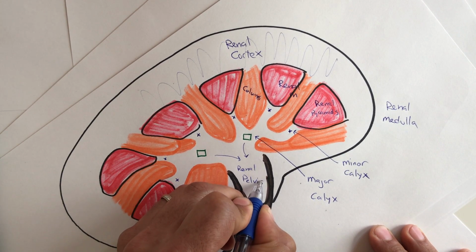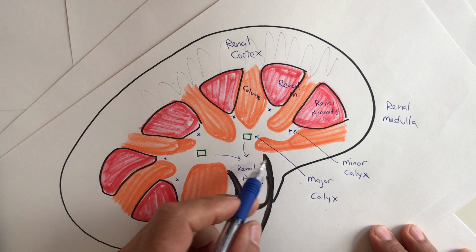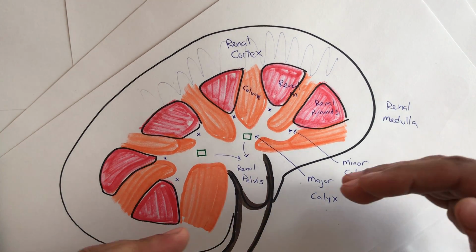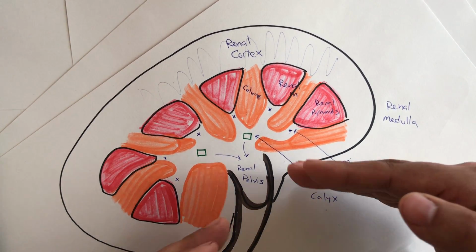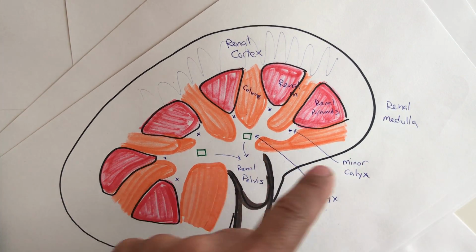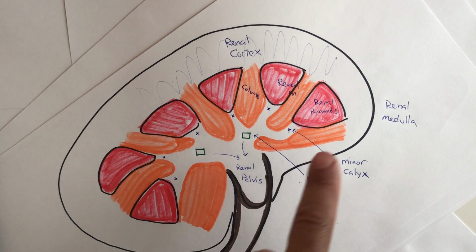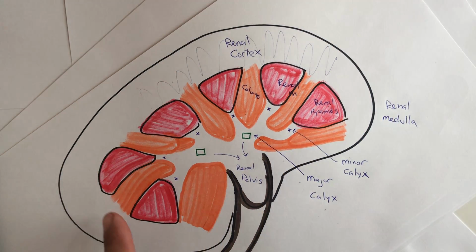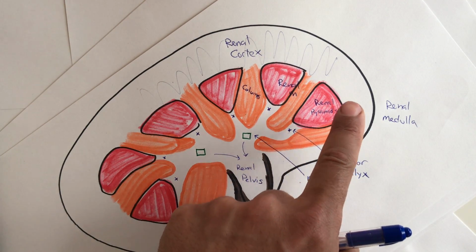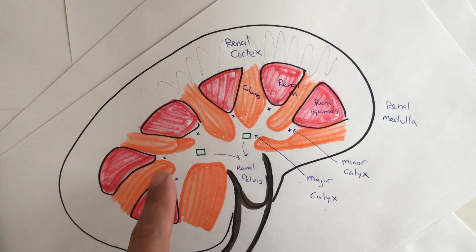Students often get renal pelvis and renal hilum confused. The hilum or the hilus is this general region, this whole indentation of the kidney. We have a convex area and a concave area here, and the whole region is called a hilus or a hilum.